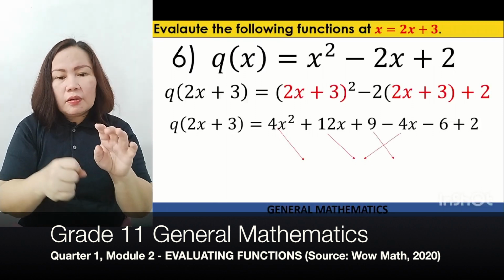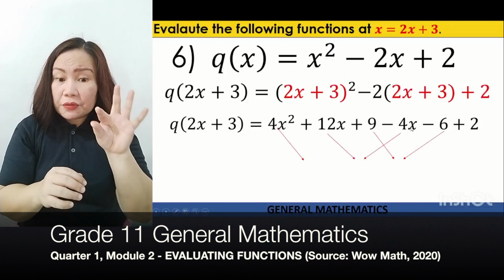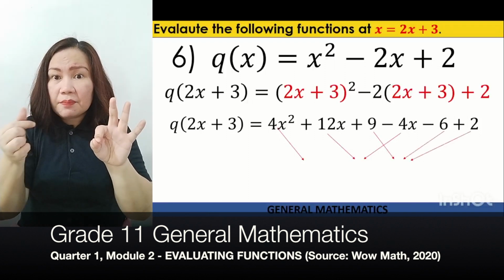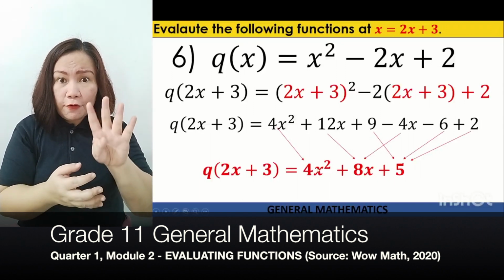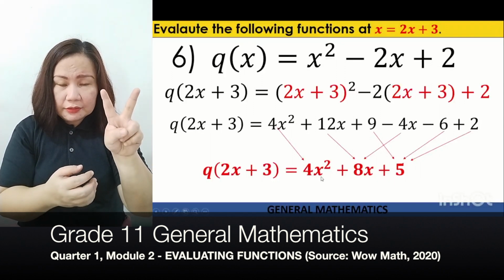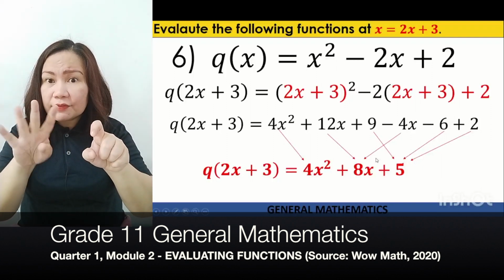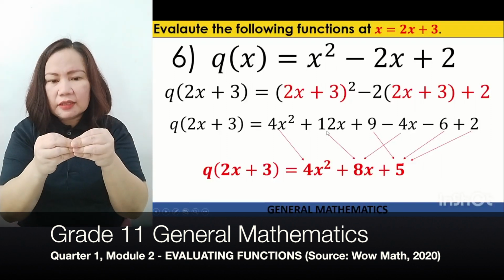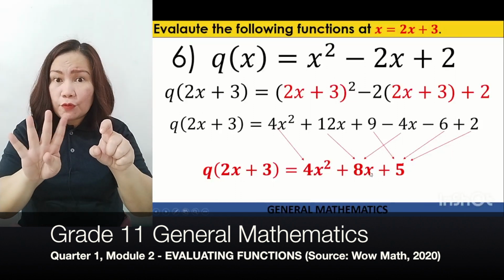So, ito magkasama si 12x saka si negative 4x. Si 9 naman saka si negative 6 saka si positive 2. So again, copy natin si 4x squared since wala siyang kasama. But yung 12x saka yung negative 4x, we need to combine. So positive 12x minus 4x, that is positive 8x.